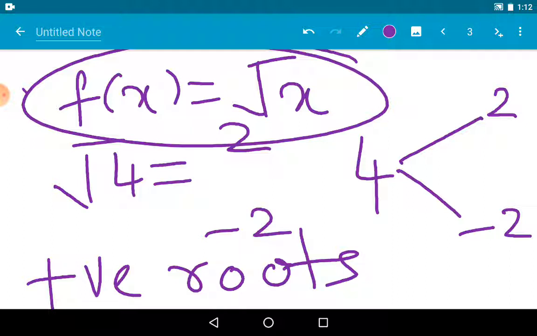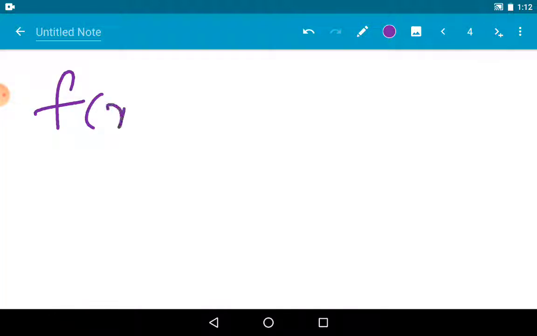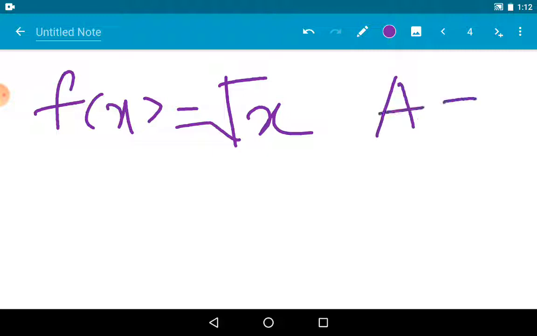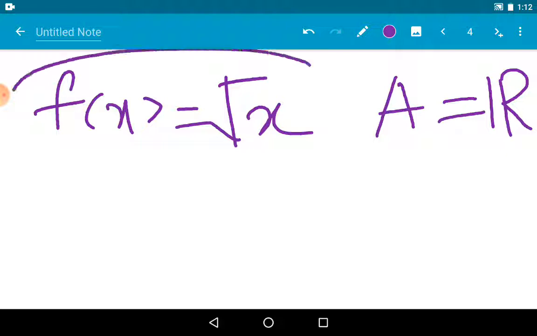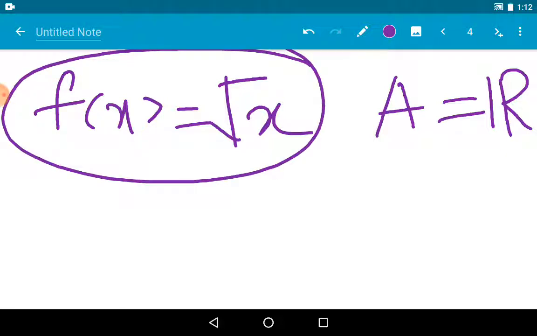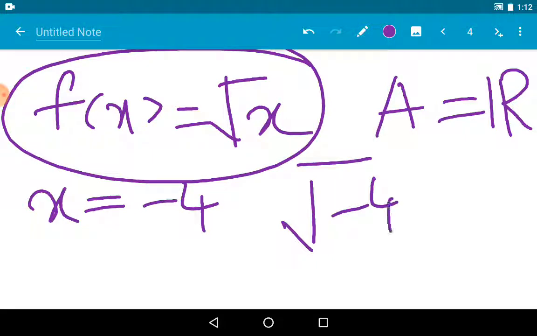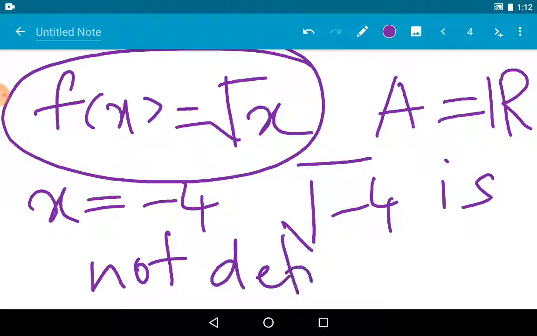Okay. What is the other problem with f of x equal to root x? Usually, if we do not define the domain particularly, we take the domain A equal to R, the real numbers. So in the case of f of x equal to root x, the root is only defined for positive values and 0. So there is a problem when x is a negative number. For example, let x equal to minus 4; the root of minus 4 is not defined. That is, the root of negative numbers is not defined.